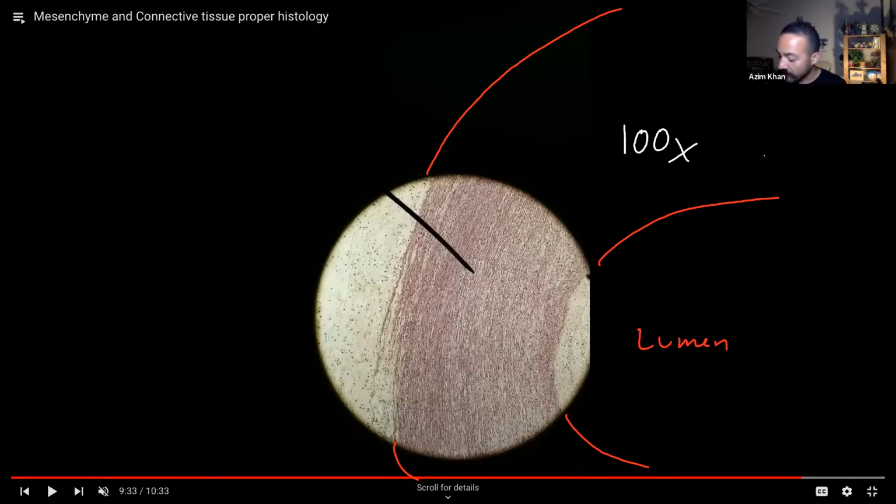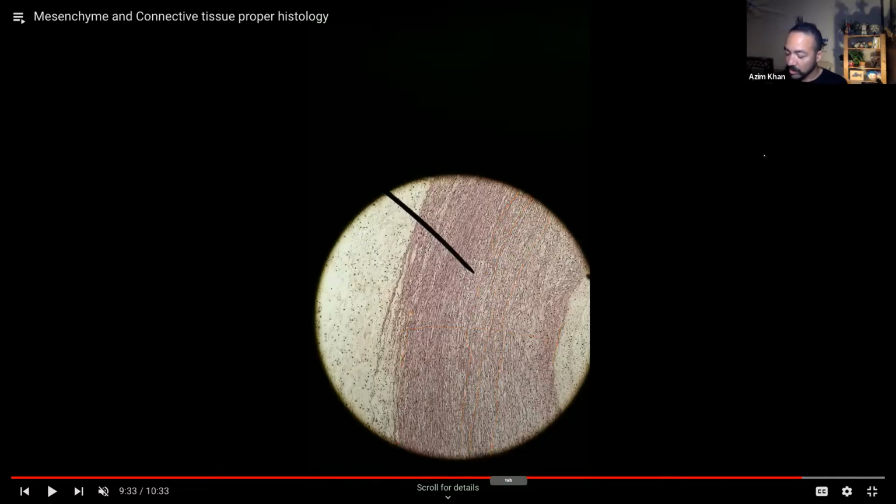Right, sorry. So here we have the lumen. But then we've got this really dark layer in between. And if you look closely, you can see that there's fibers going mostly in one direction. So let's go closer in this really large blood vessel. Let's take a look at what's in the middle.